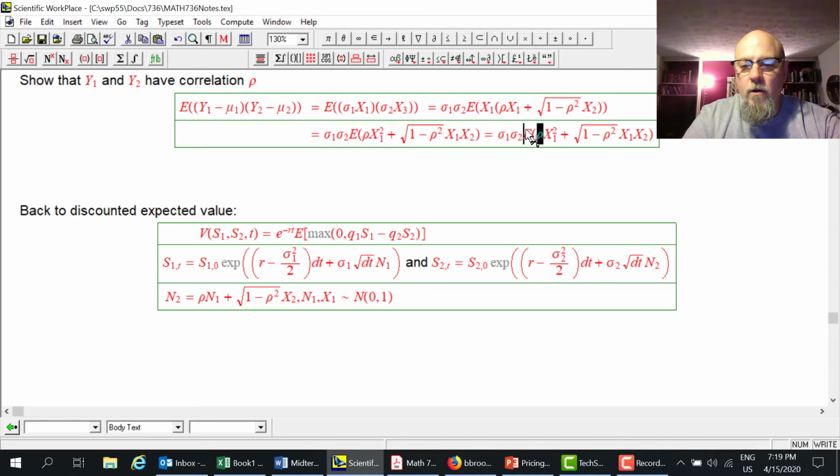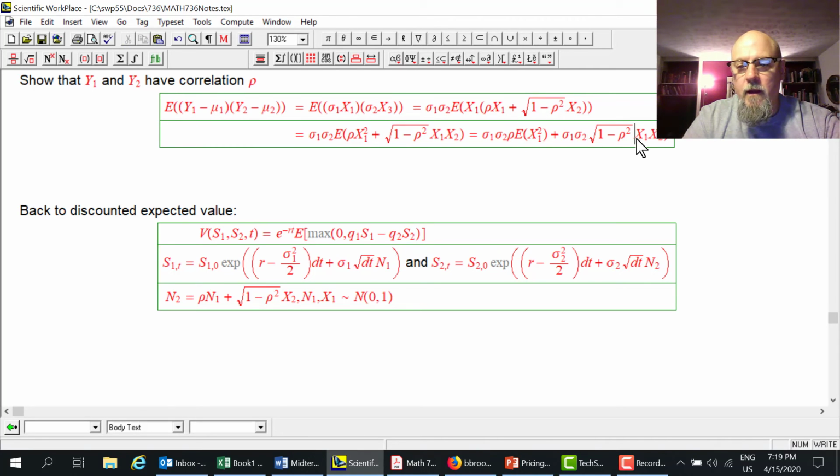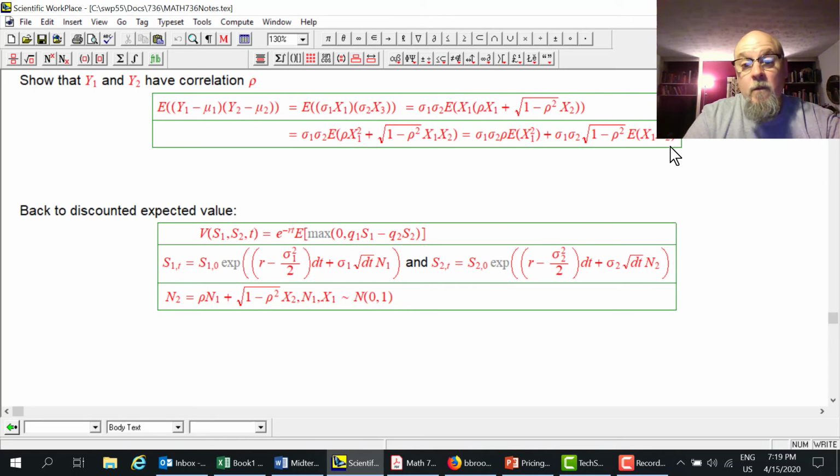That means that constant can come out front. And there's going to be these two sigmas in front, and an expected value of those two pieces. All right, we're almost there, because the expected value of x1 squared, that's the variance. This is 1. The expected value of x1 and x2, that's 0. So this whole piece disappears.